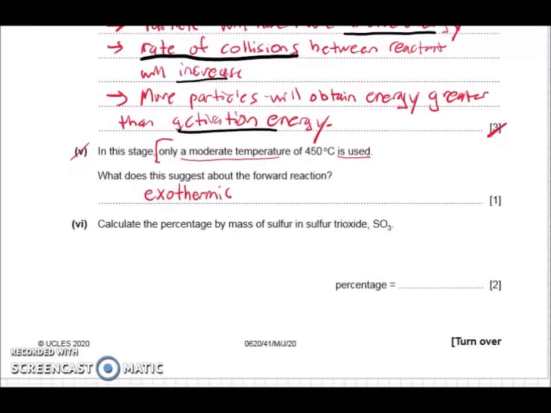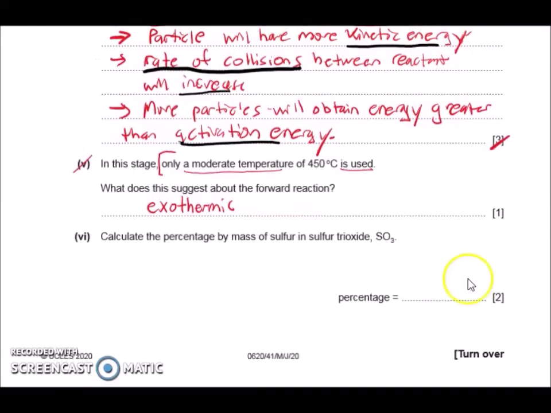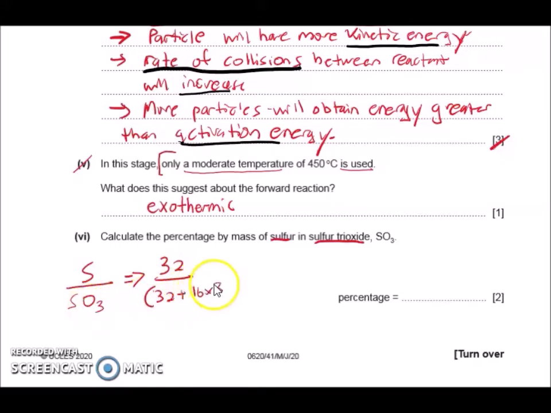Okay, now we are going to the next question. Calculate the percentage of sulfur in sulfur trioxide. So what you have to do is sulfur divided by sulfur trioxide. So this is the formula. We have to calculate based on the RMM. Sulfur is 32, so here I put a bracket, 32 plus oxygen, which is 16, multiplied by 3.